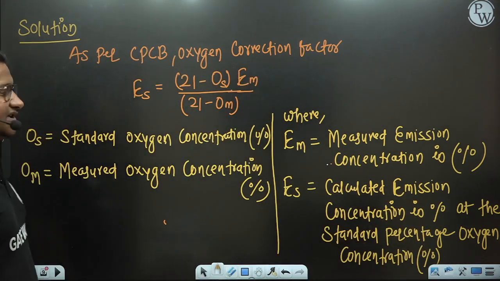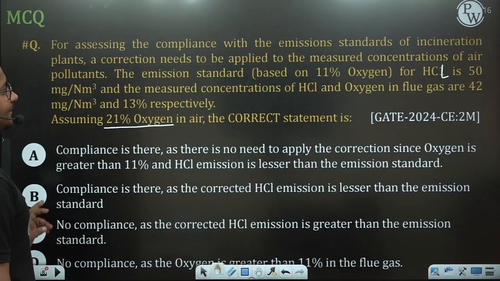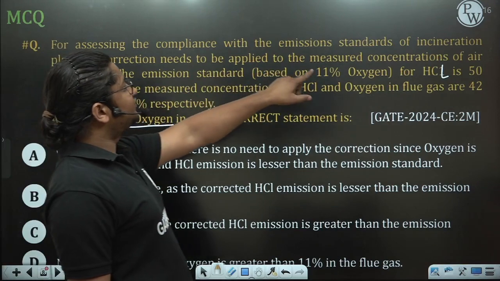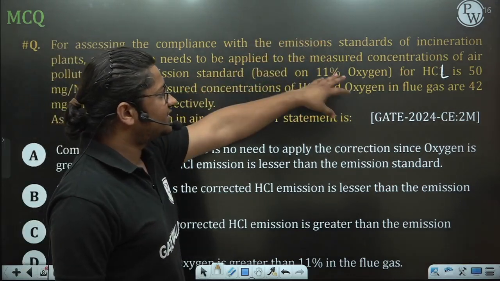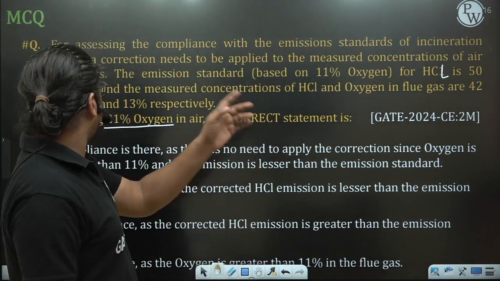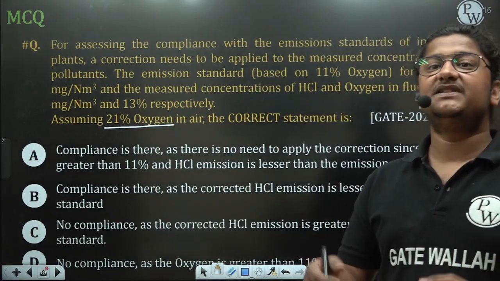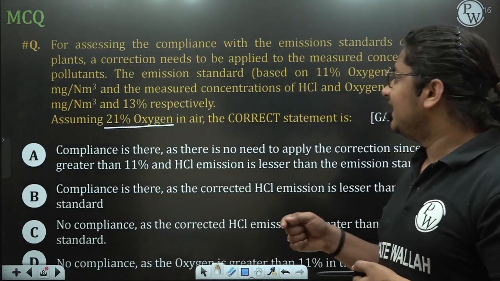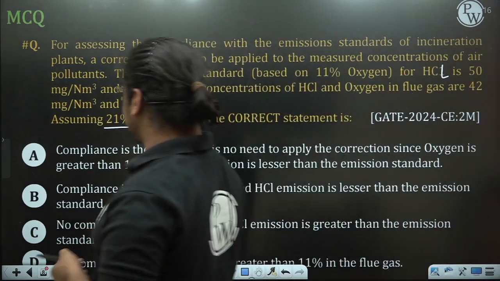At the standard percentage of oxygen, we got 52.5. Now if you see the standard which they have given, the emission standard based on 11% oxygen is 50 milligram per normal meter cube only. That means whatever we calculated is more than the standard which is mentioned to you.